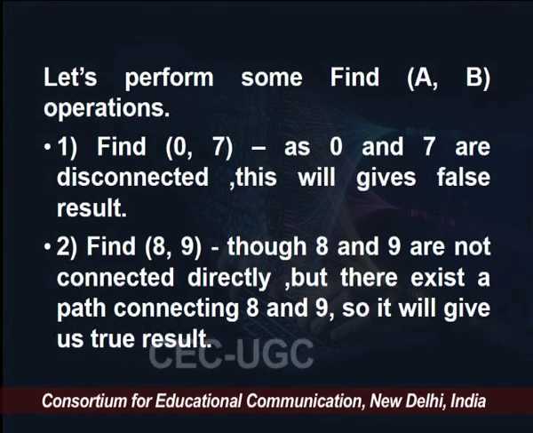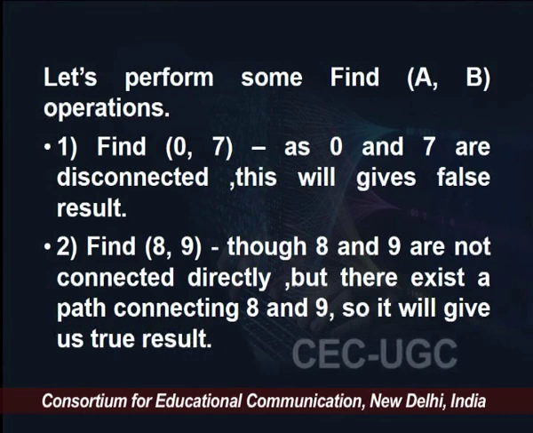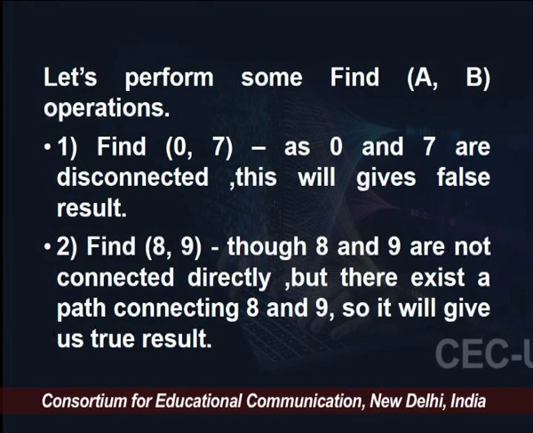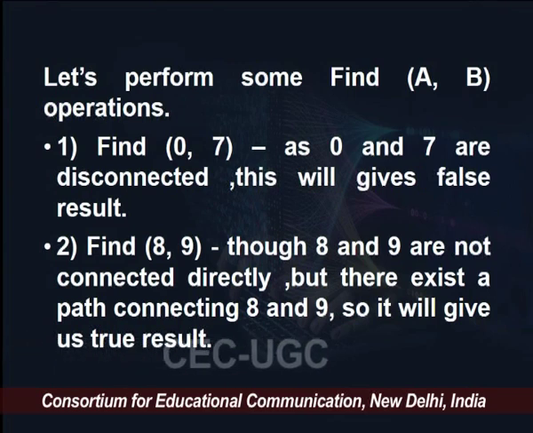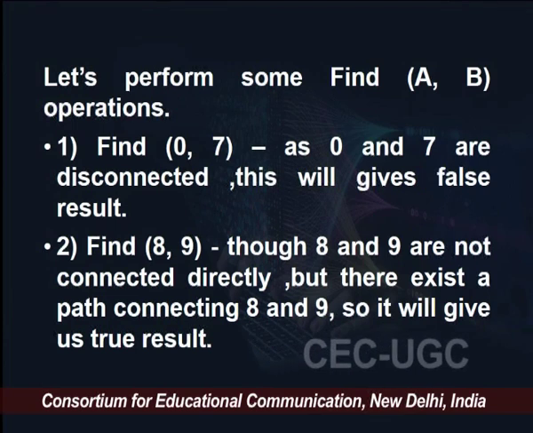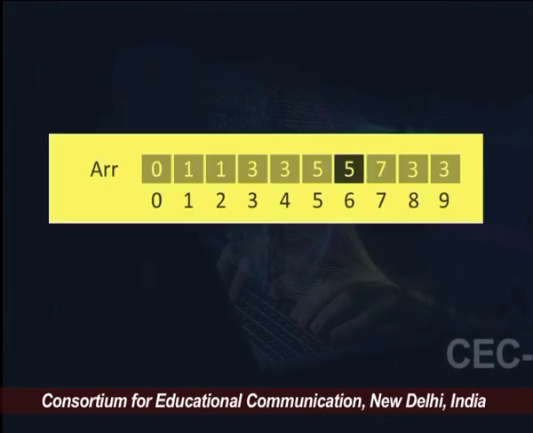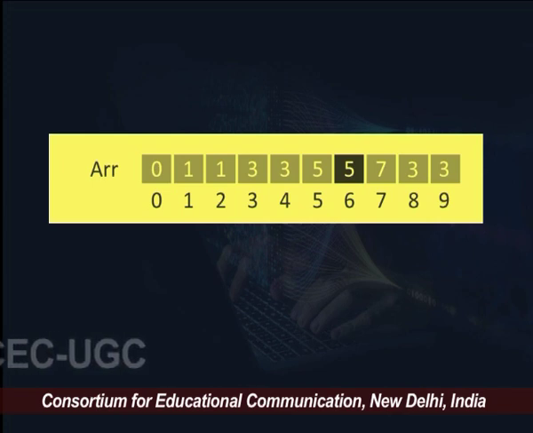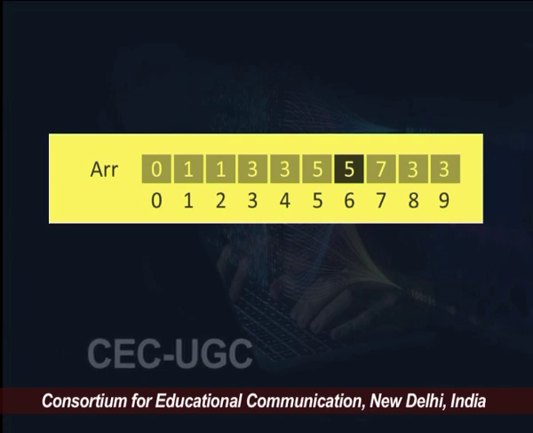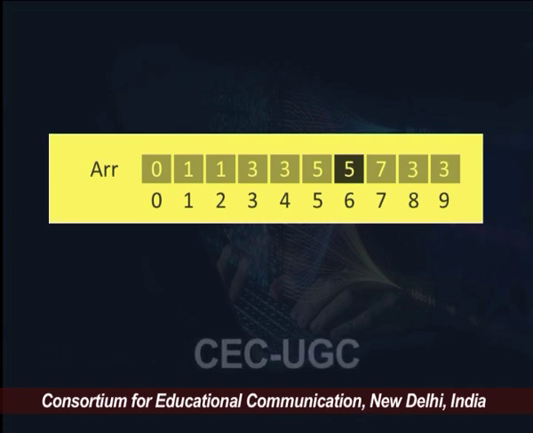Now, let us perform some find A comma B operations. So, find A comma B is going to give you the result as true if A and B belong to the same set, false otherwise. So, when I am saying find 0 comma 7 with this example, this is the final structure of the array which you can see. I am looking for find 0 comma 7.